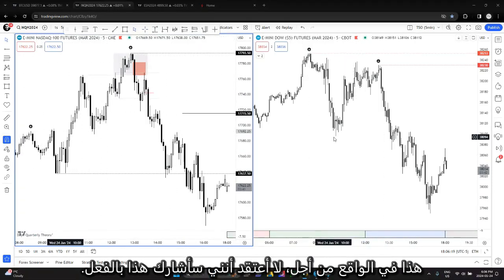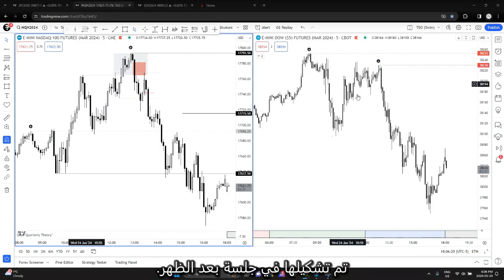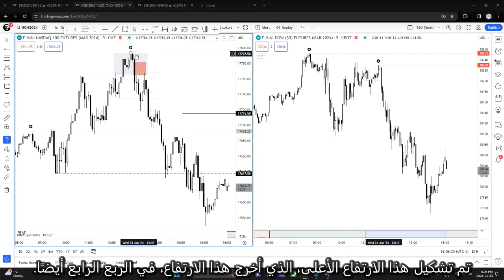I don't think I would share this so early. And this lower high right here, which failed to go above the high which formed in New York, was formed in the afternoon session. This higher high, which took out this high, was formed in Q4 as well.